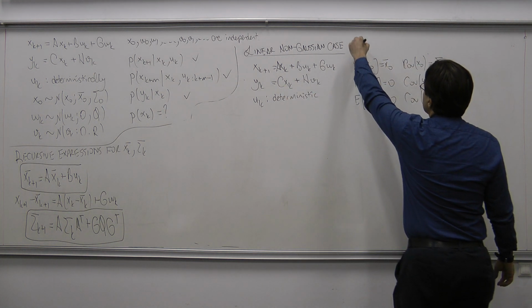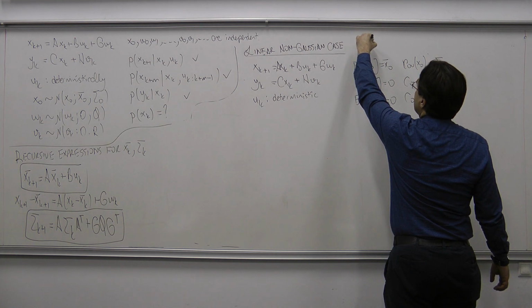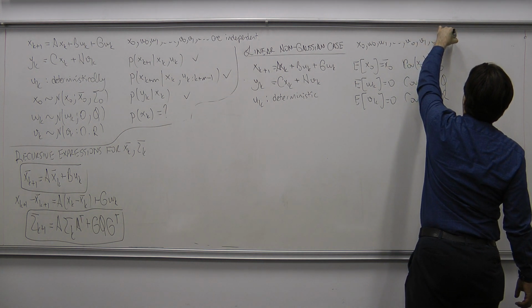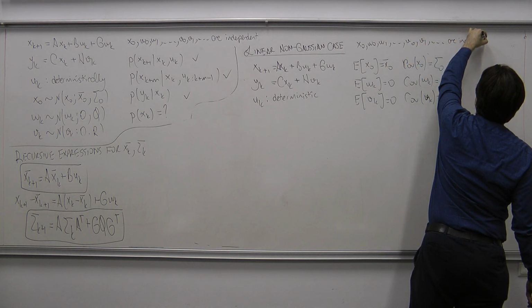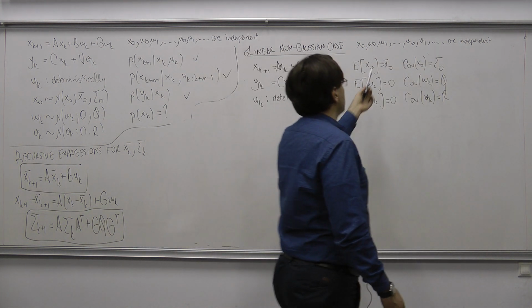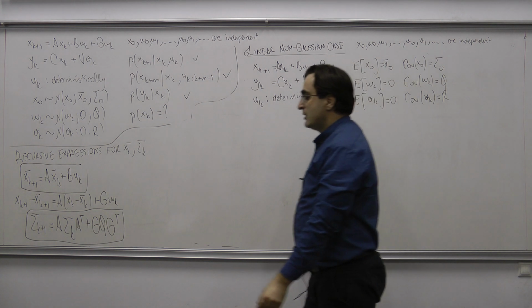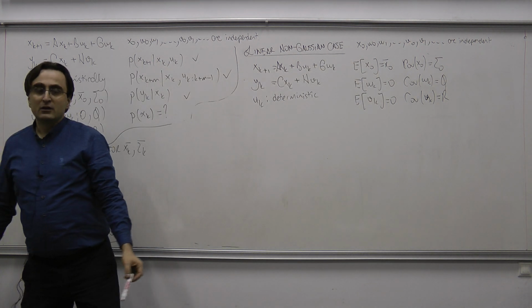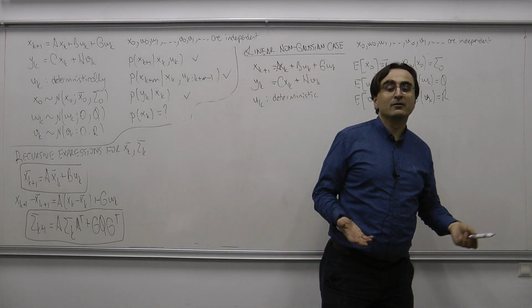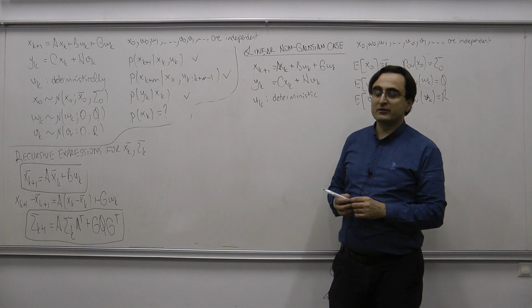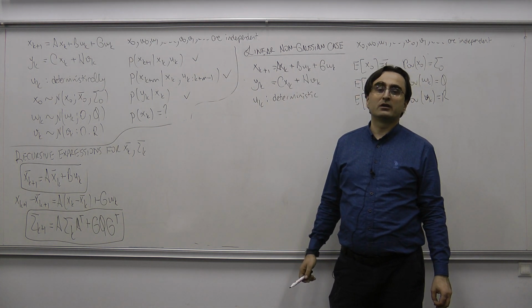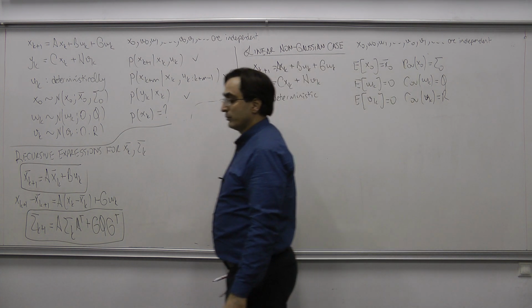Of course, I need to also say that x_0, w_0, w_1, v_0, v_1 are independent. So we have the independence assumption, and we specify the means and covariances of these random variables, and we can claim that a linear non-Gaussian system would also have the same expected values and the same covariances as those we have calculated for the linear Gaussian case.